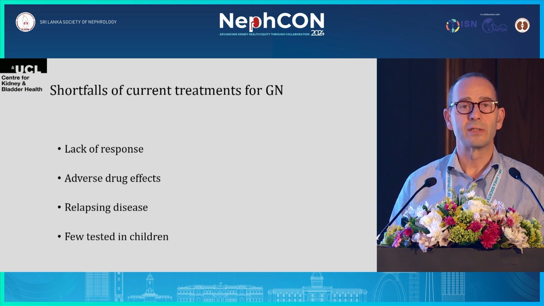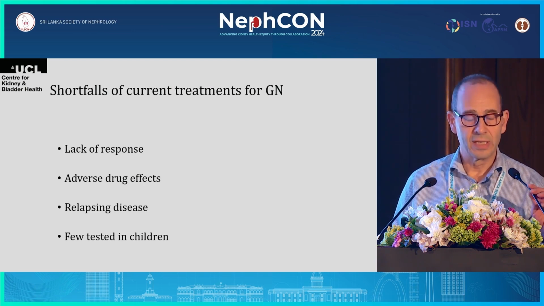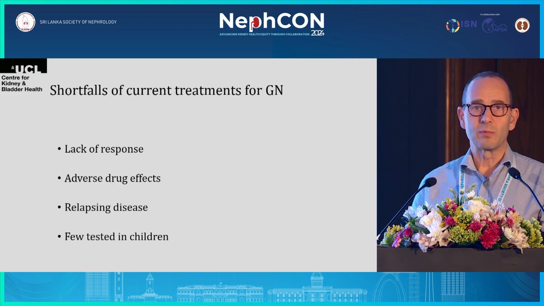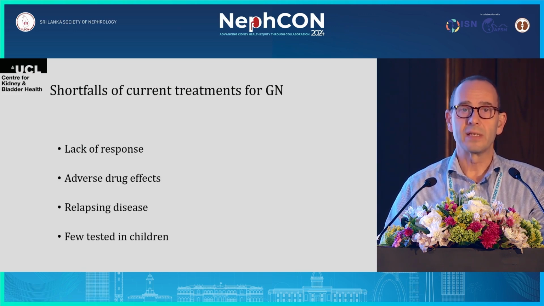As a result of that, we have more side effects to benefit, which we're putting on the patients. And despite many of these treatments, as we've heard about vasculitis and lupus and membranous, there is disease relapse. So these drugs are not preventing the disease from actually coming back.